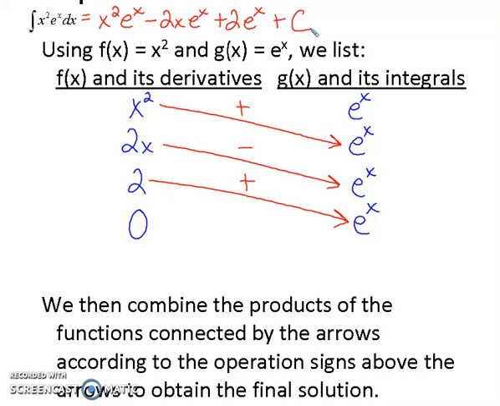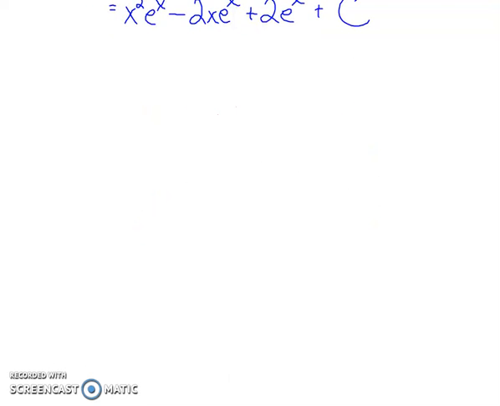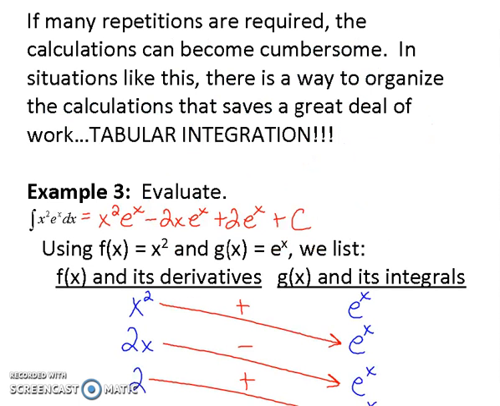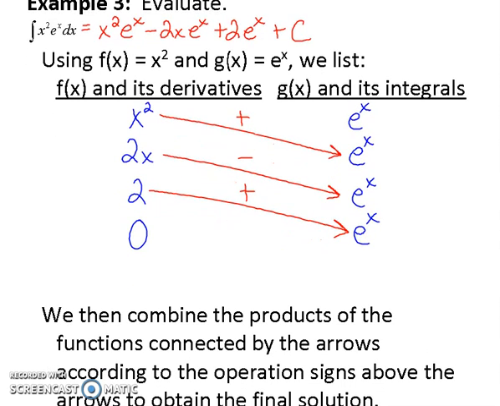and then the plus c. And I'm going to click back to the last video when we worked it out doing integration by parts multiple times. Look at what we got. So tabular integration got us the exact same answer. But I didn't have to remember the u times v minus the integral of v du, that whole formula.